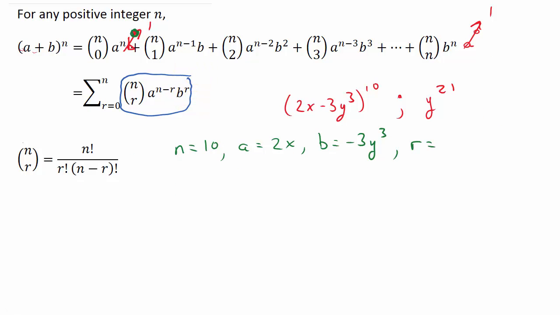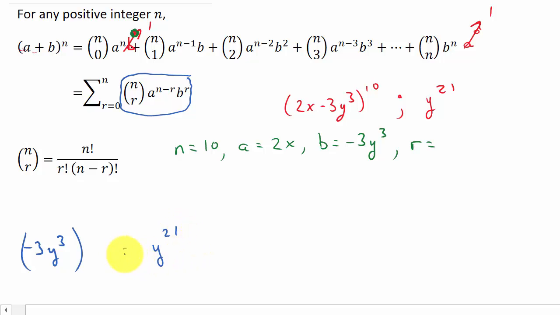Well, if you look over here, that's actually b, which is negative 3y cubed, right? That's b, raised to the r power. Well, remember, I need y to be raised to the 21st power, right?